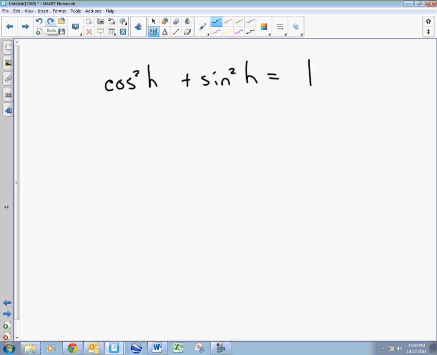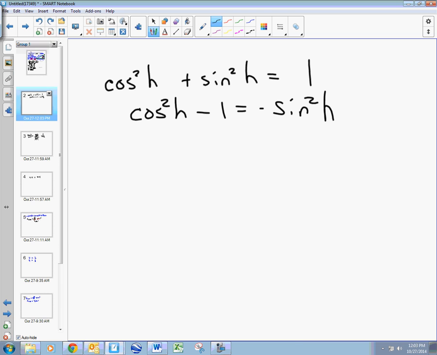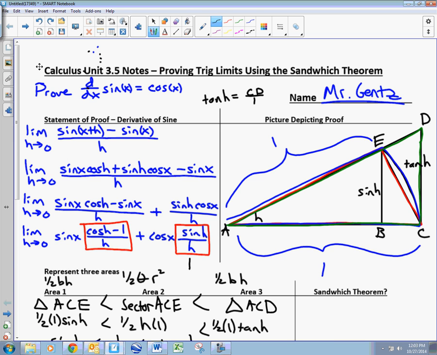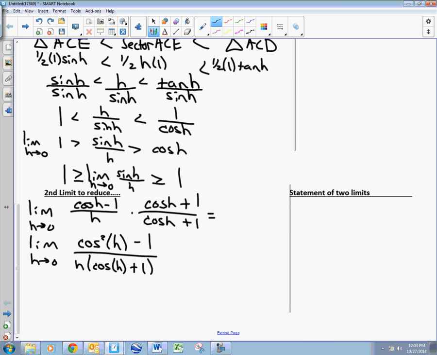Now, you want to know what cosine squared minus 1 is, right? So subtract the 1 over. It's negative sine squared, folks. So we'll use that.